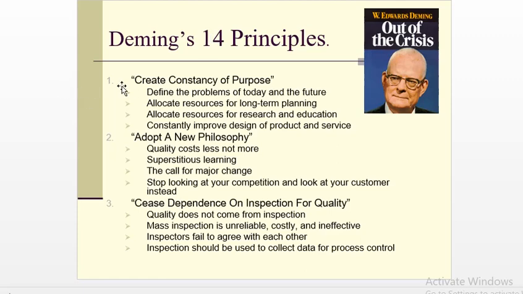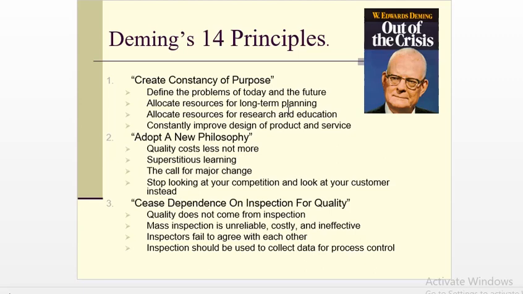So the first point Deming explains is to create consistency of purpose: define the problems of today and the future, and allocate resources for long-term planning.